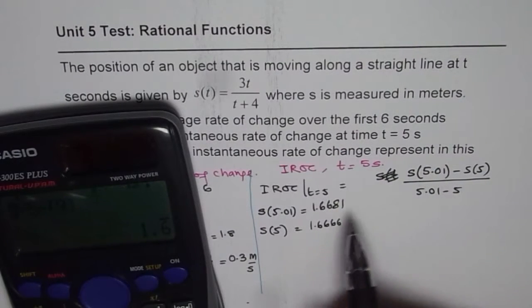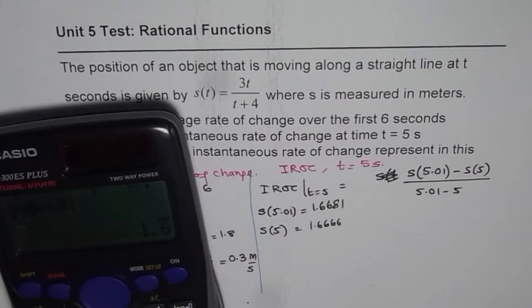So what we have here is 1.6681 take away 1.6666 divided by 0.01, that gives us 3 over 20, which is 0.15, right?